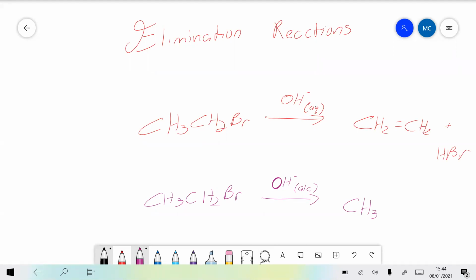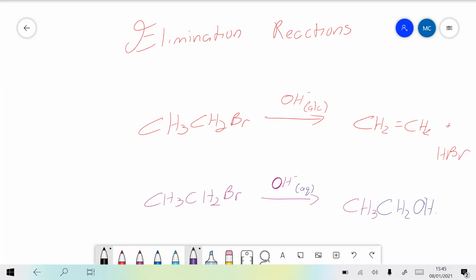Aqueous OH gives you the alcohol, then alcoholic KOH gives you the alkene. Yes, yes. One second, I confused myself. These should be my bread and butter. NaOH, aqueous, then alcohol. Sorry, my bad.